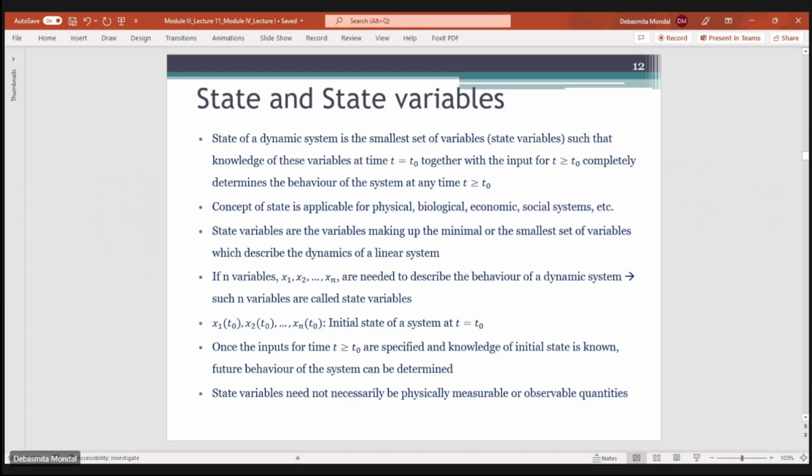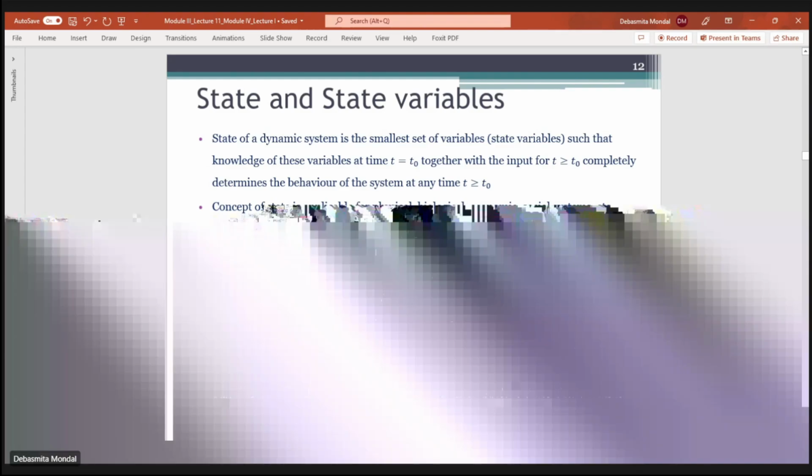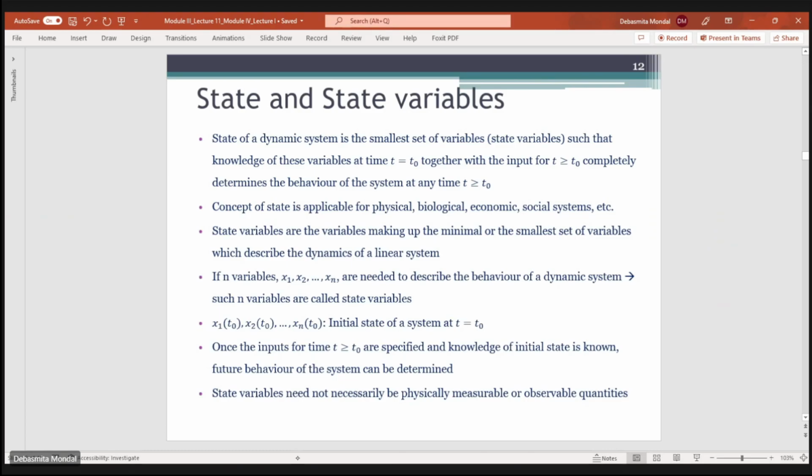The initial state of the system means, if we consider the initial state at t equals t0, the values of these state variables x1, x2 at t0. In other words, once the inputs for time t greater than or equal to t0 are specified, and you have knowledge of the initial state of the system, you can predict the future behavior of the system.